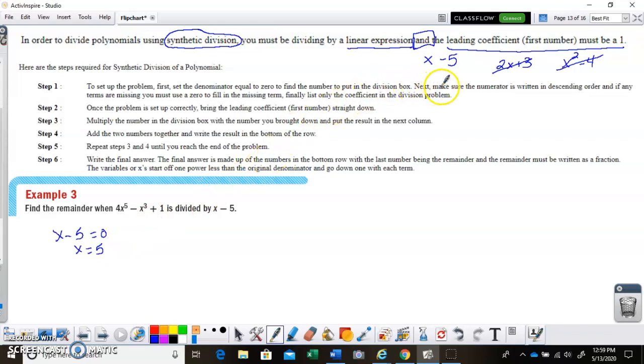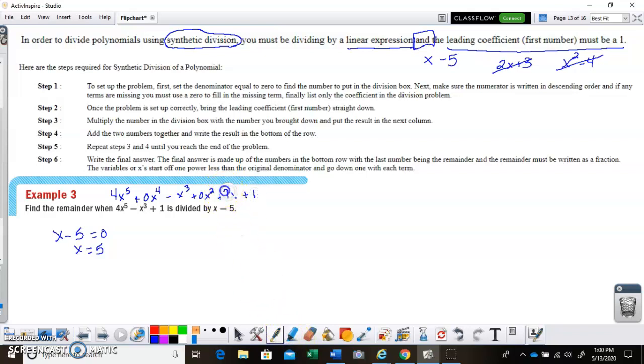So next, you make sure the numerator is written in descending order. So we're going to have to make sure we put that 4x to the 5th, 0x to the 4th, minus x cubed, plus 0x squared, plus... Oh, I messed up.